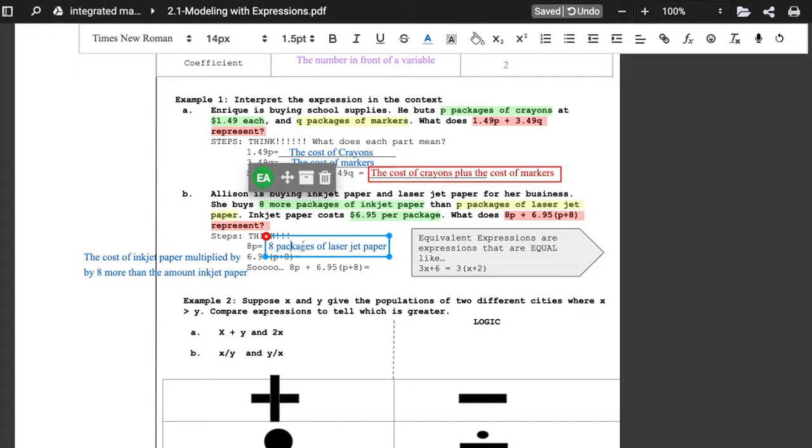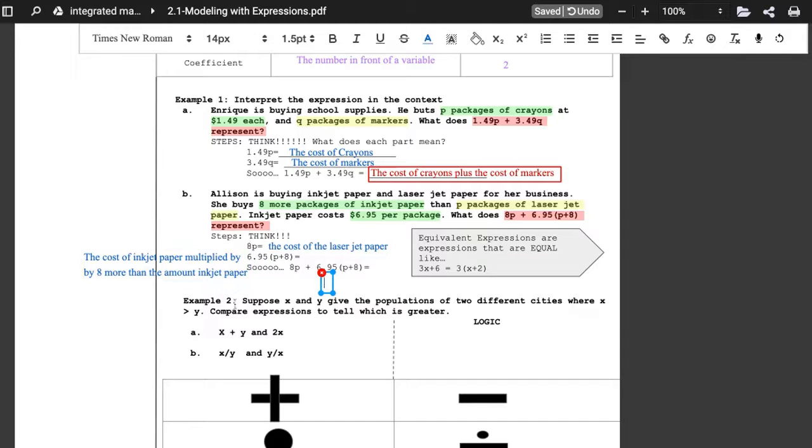Okay, and actually, I think 8 packages. I think that's going to be the cost, not the packages, but the cost. Sorry, going backwards. It's the cost of LaserJet paper, which is just weird because they didn't tell us the cost of the LaserJet paper. But just thinking about it, it's not going to make sense for that to be the amount because the variable is representing the amount.